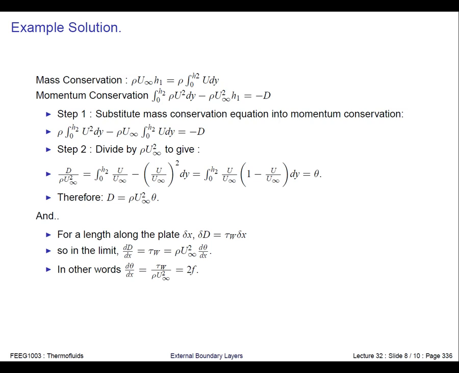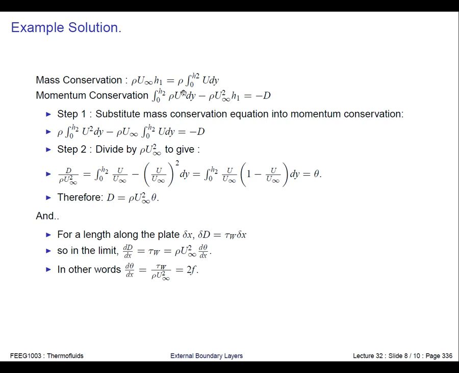So what we're doing here is we're taking this term of the momentum conservation and saying actually that's just rho u times this, this thing is rho u infinity times h1, and rho u infinity h1 is actually this.